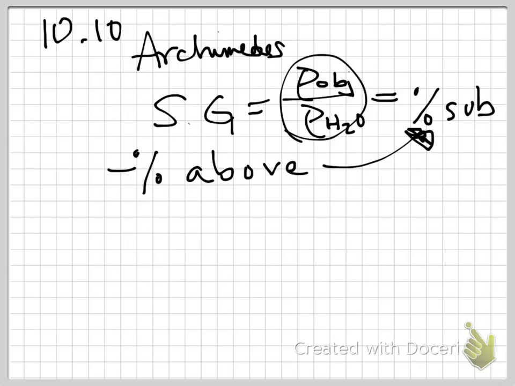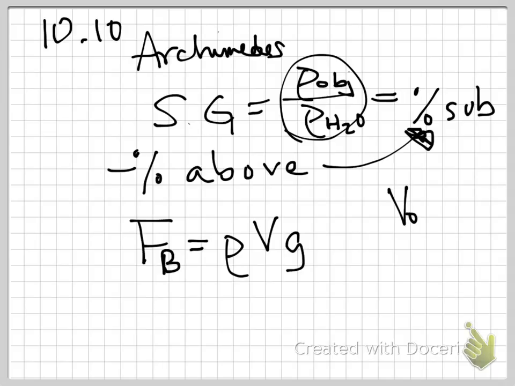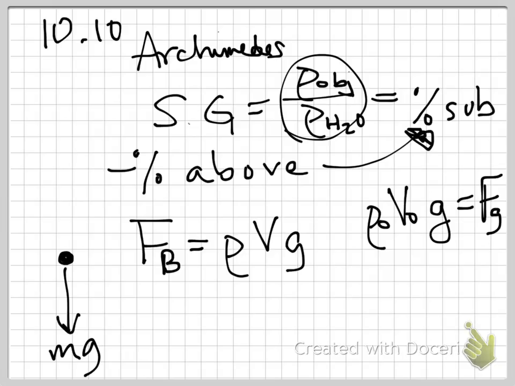There are some other tricky questions where one of the things you always have to realize is that for FB, it doesn't matter what the density of the object is. The density of the object is going to tell you if it sinks because that's its weight. But if you think about a free body diagram, mg, or like I said here, rho not v not g, tells you the weight.